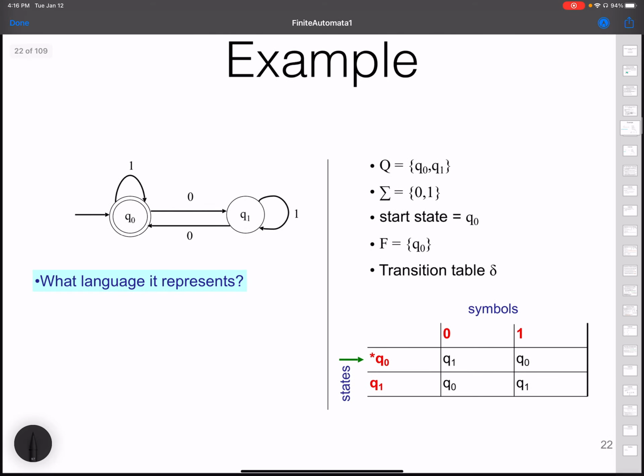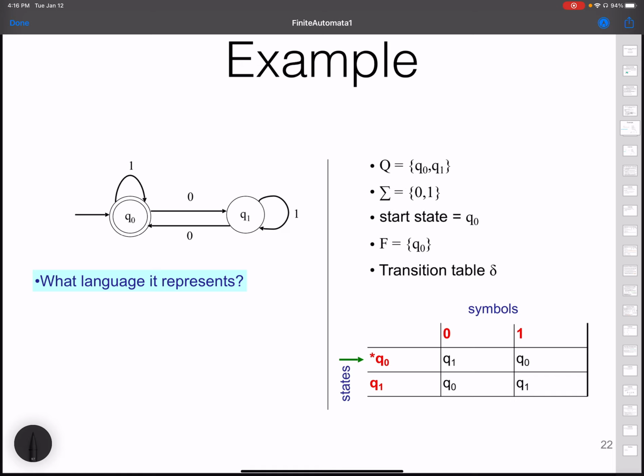So, what do you think about this example? You can see that at the very beginning, if you haven't seen anything, you will be at state Q0, which is also an accepting state, right? So even if you don't read anything from the input, you will be accepted.